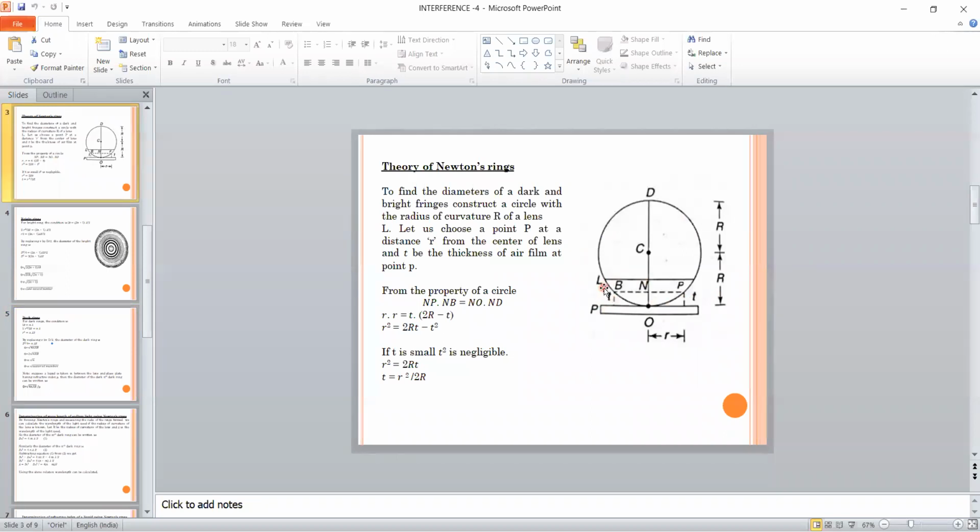If we select, let us take a glass jar. Now, up to this level, we fill it with some liquid.